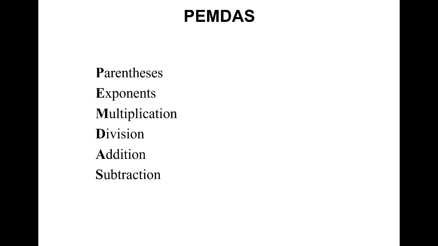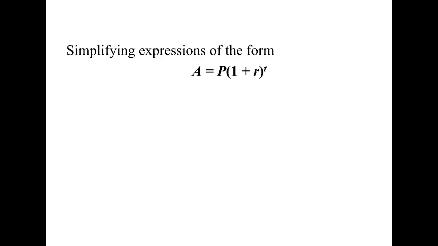Now before we go on and work some examples, let's briefly remember PEMDAS. This is our order of operations. So it says if we have an expression to simplify, first we simplify within the parentheses, then we apply exponents, then we do multiplication and division, and then finally we do addition and subtraction. So let's do a brief review of PEMDAS for our compound interest formula.